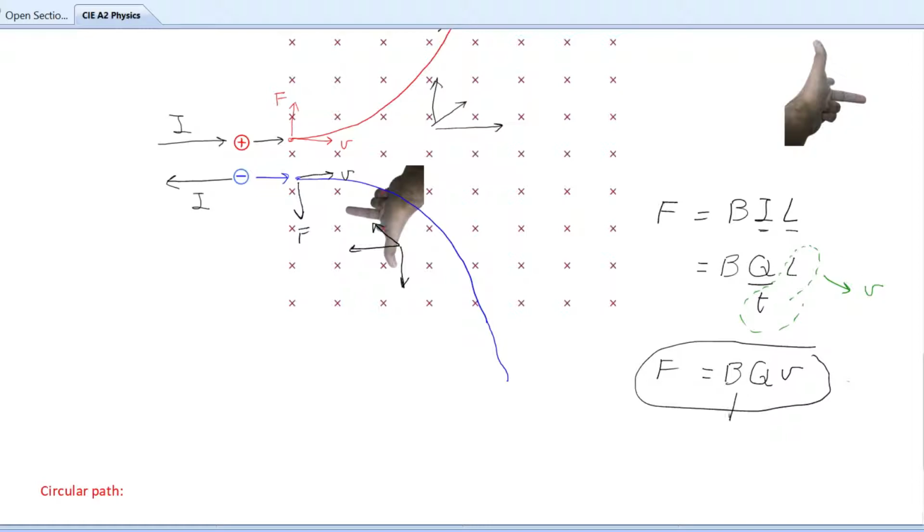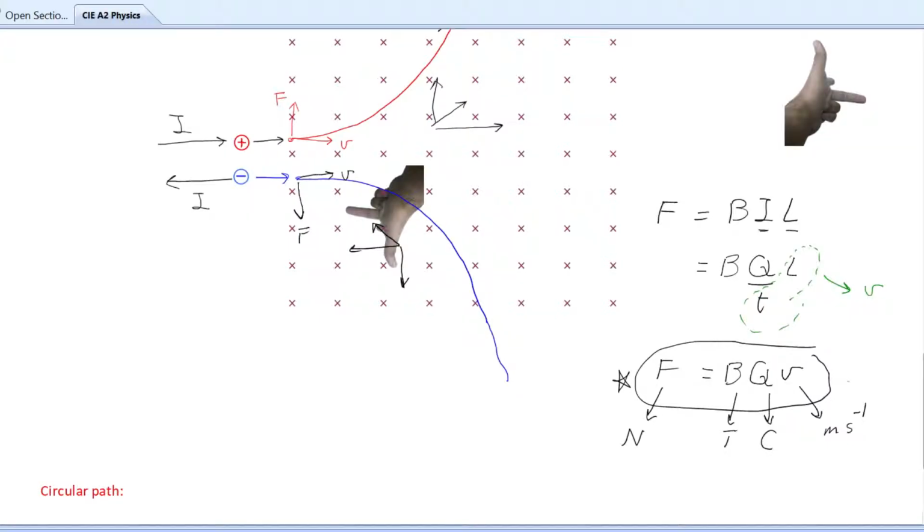So you have flux density in tesla, charge in coulombs, and speed in meters per second, to get the force on the charge in newtons. So basically, this is how you calculate the force on a moving charge inside a magnetic field.